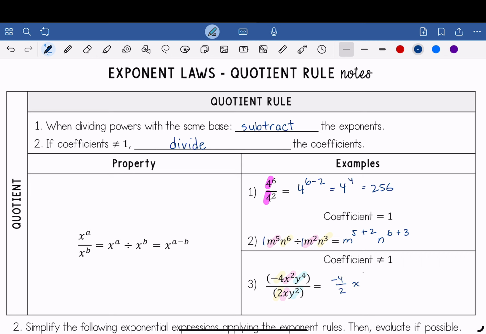Then x to the power of 2 minus 1, and y to the power of 4 minus 2, which is further simplified to negative 4 divided by 2 is negative 2. X to the power of 1, we don't have to write it, it's an invisible exponent, and y to the power of 2.